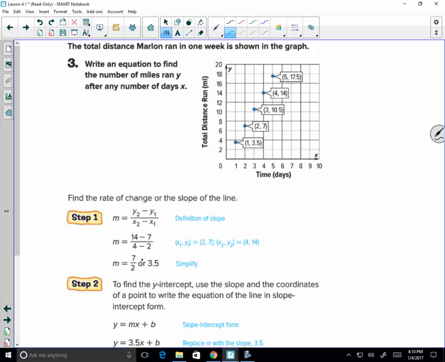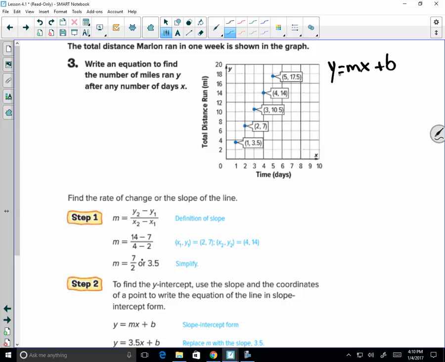So this is on page 269. The total distance Marion ran in 1 week is shown in the graph. Write an equation to find the number of miles ran, y, after any number of days, x. So we need to write an equation, which means we need to make it look like y equals mx plus b.